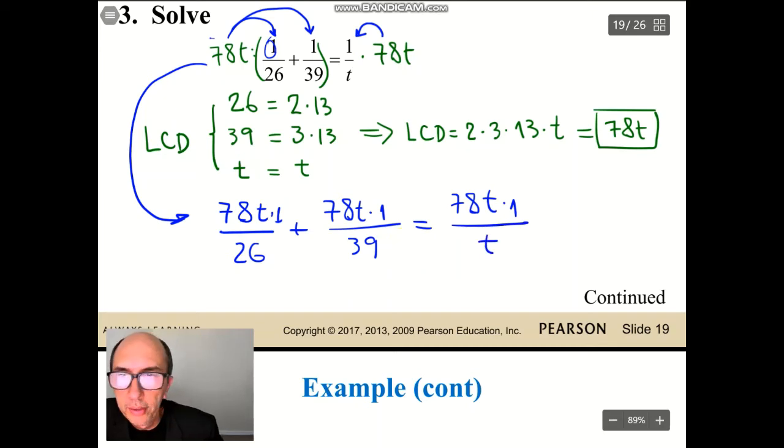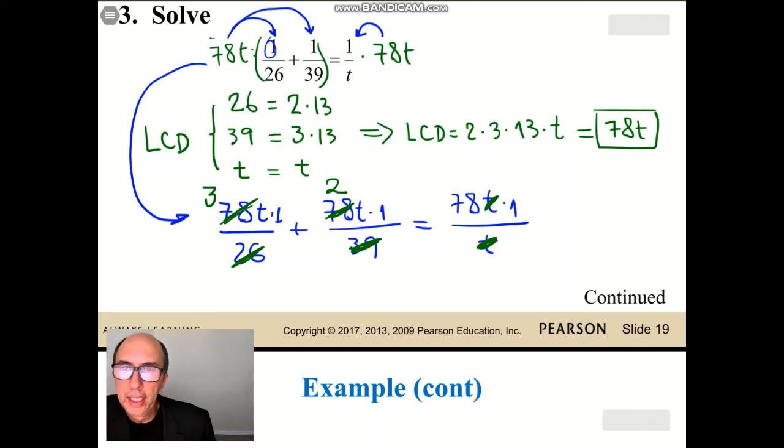We can simplify here. 78 divided by 26 is 3, 78 divided by 39 is going to be 2, and t divided by t is 1.